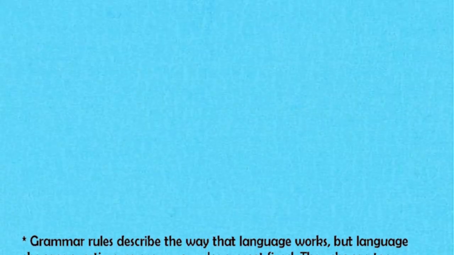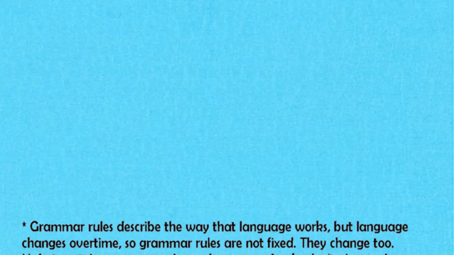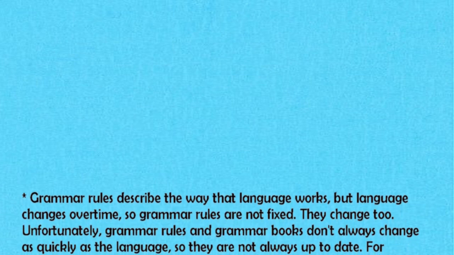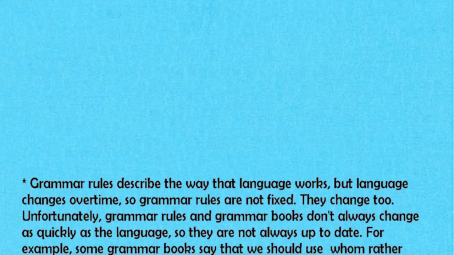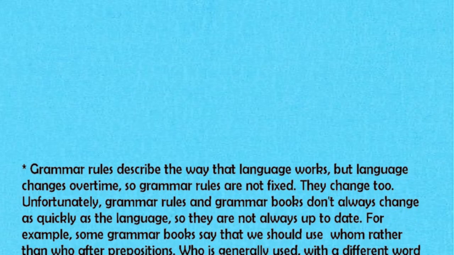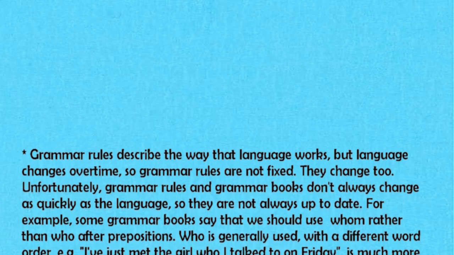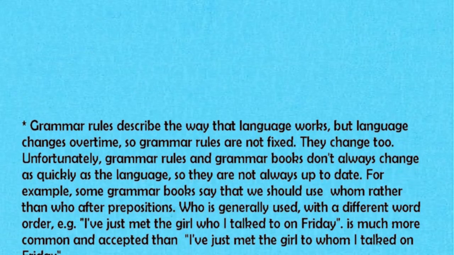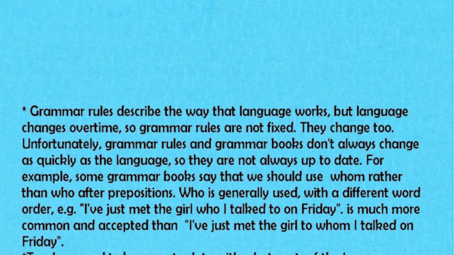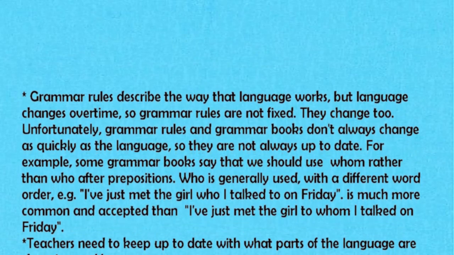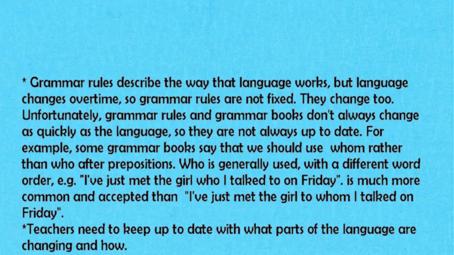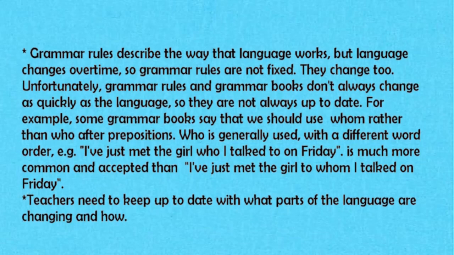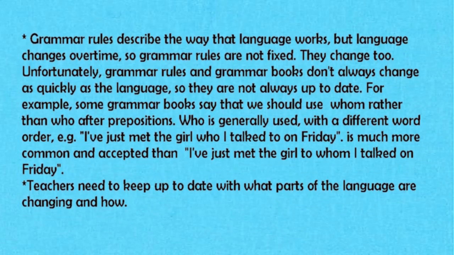Grammar rules describe the way that language works, but language changes over time, so grammar rules are not fixed. They change too. Unfortunately, grammar rules and grammar books don't always change as quickly as the language, so they are not always up to date. For example, some grammar books say that we should use whom rather than who after prepositions.